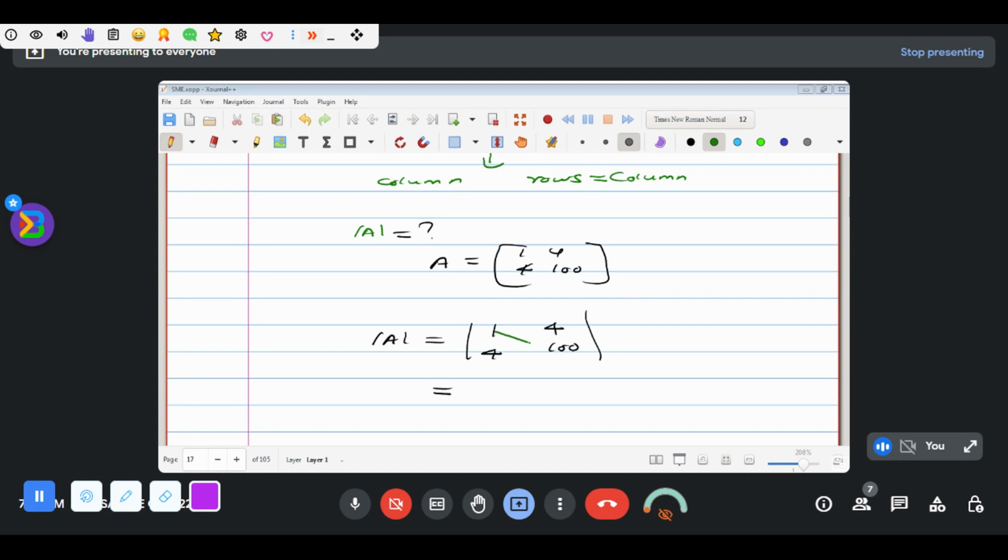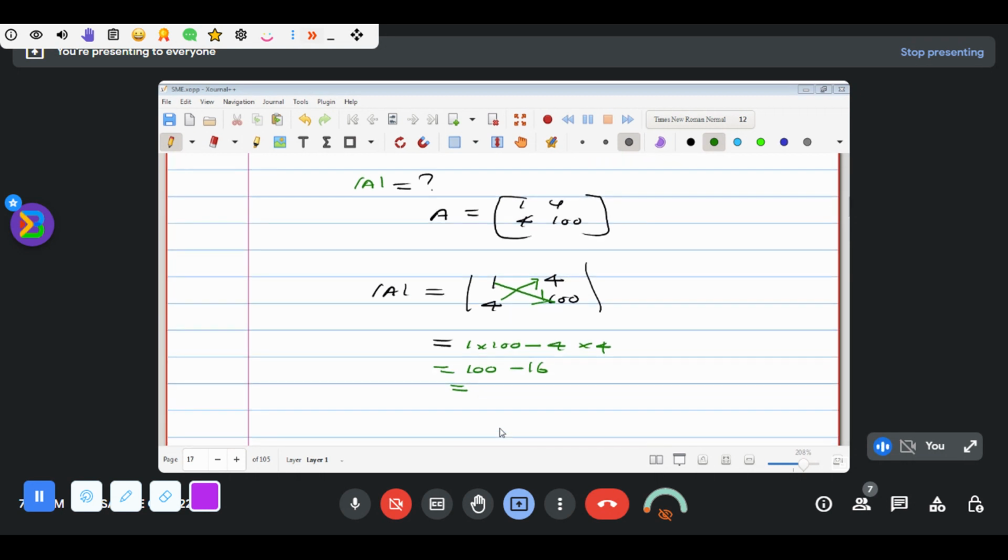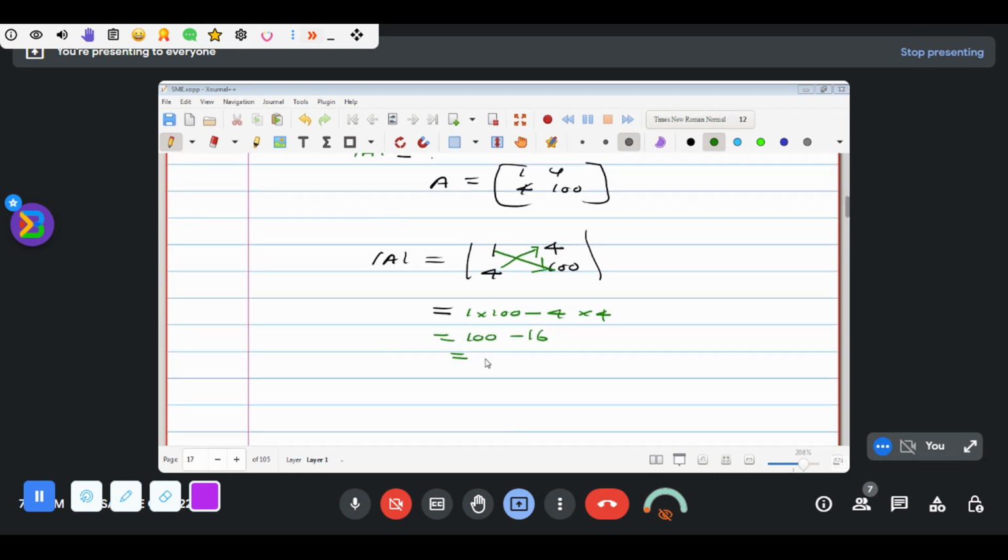Just cross multiply the 2 by 2 matrix: 1 into 100, and in the opposite direction use the negative sign, minus 4 into 4. That is 100 minus 16, which is 84.